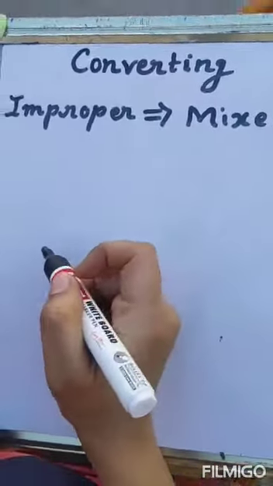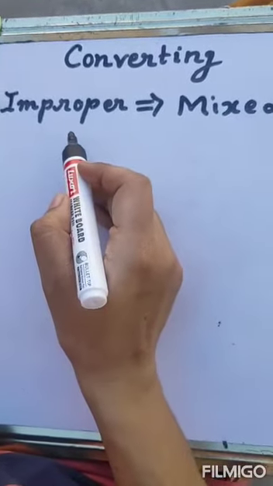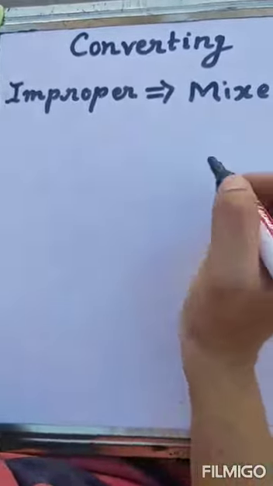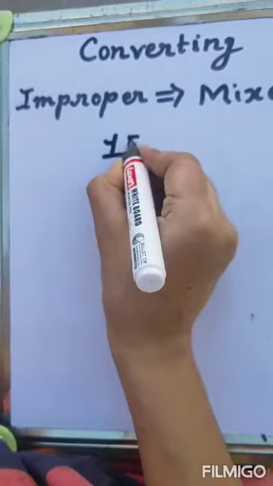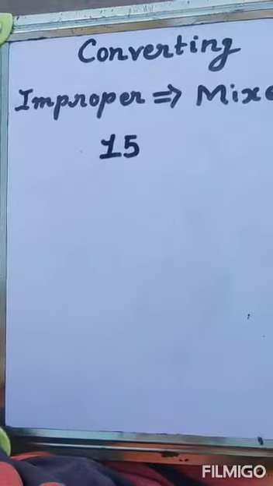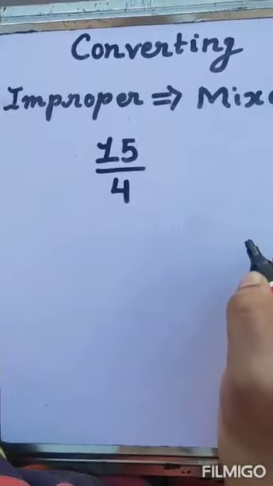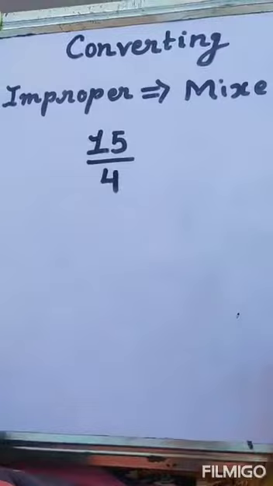Now students, we will see how to convert an improper fraction into a mixed fraction. I am taking one example here, like 15 by 4. Now I have to convert this improper fraction into a mixed fraction.